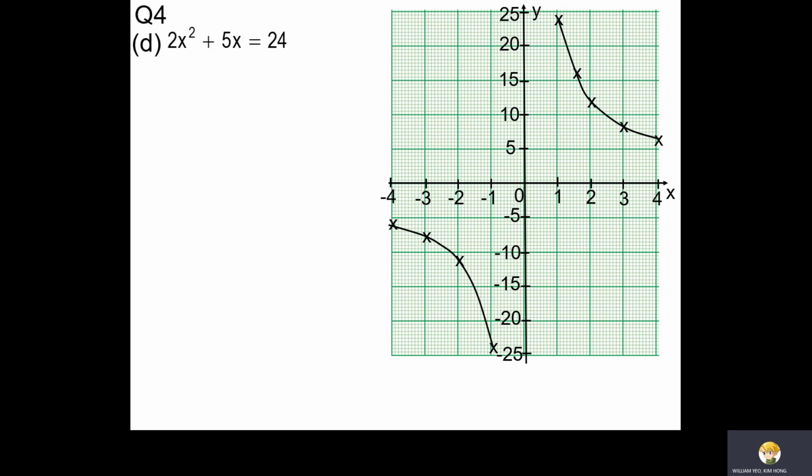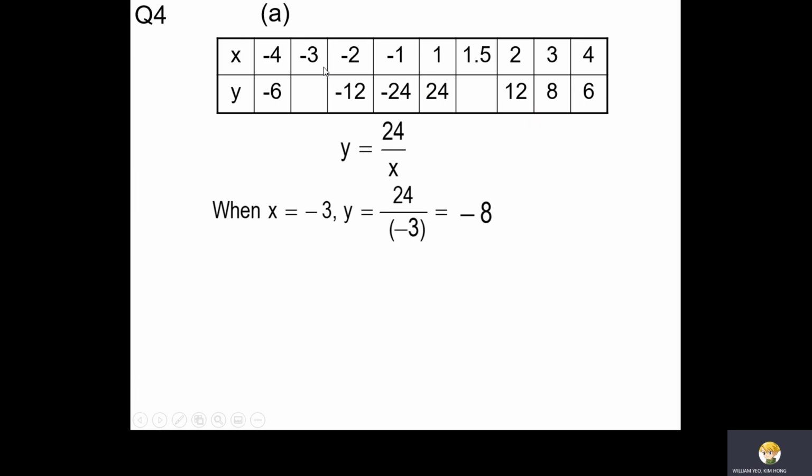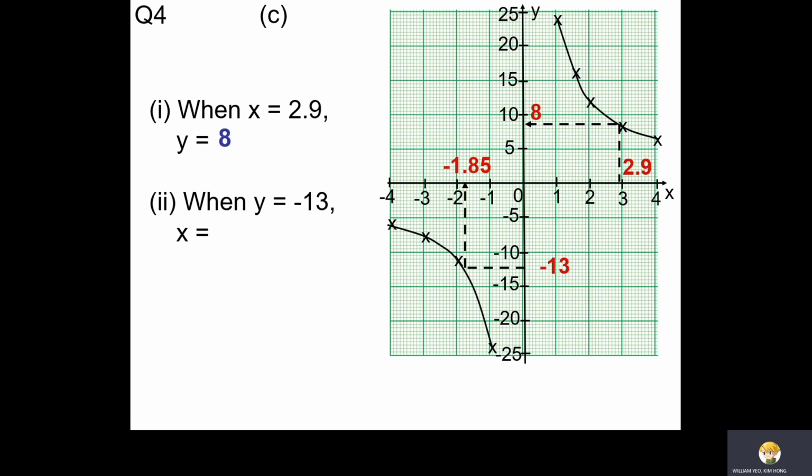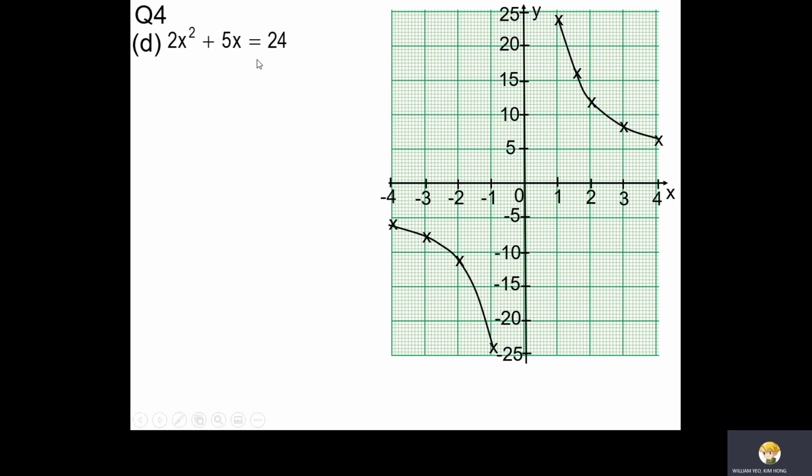Let's see part D. This one is slightly different. What is the function given just now? 24 over x. But as you can see from this, do we have 24 over x here? We don't, but we have 24. First, still the same, bring this to the left. We have 0 here. Next, you divide everything by x.